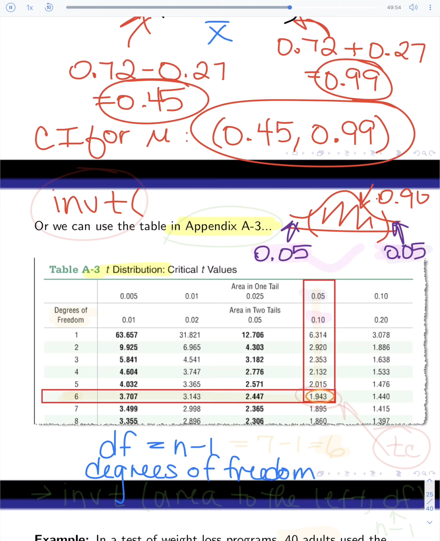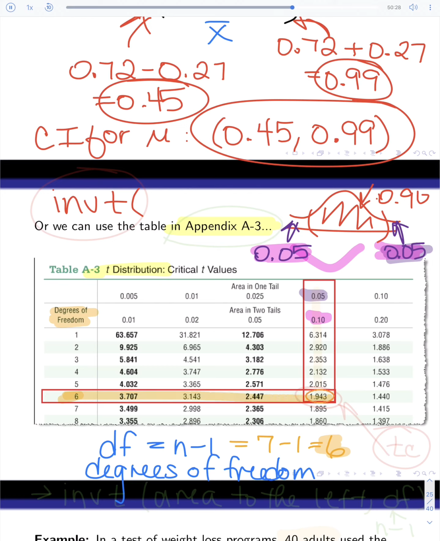Well, our n in this one was 7, so 7 minus 1 gave us 6. So on your table, you'd go to your degrees of freedom, which is n minus 1 is 6, and then your area in just one tail was 0.05, or in both tails, if you were to look at them together, was the 0.10, and you find out where these two overlap.